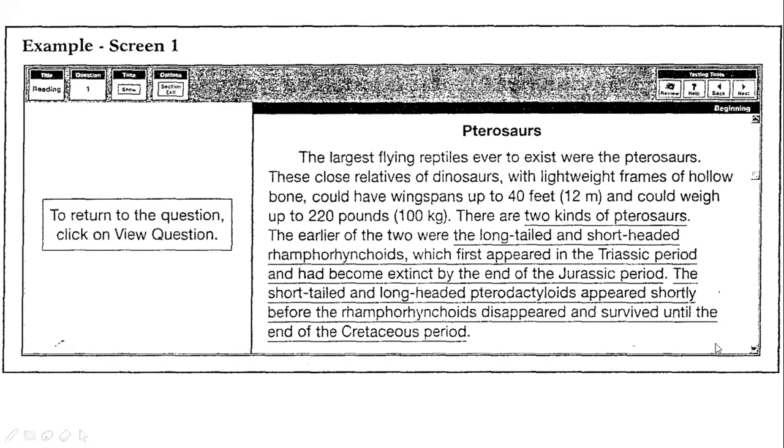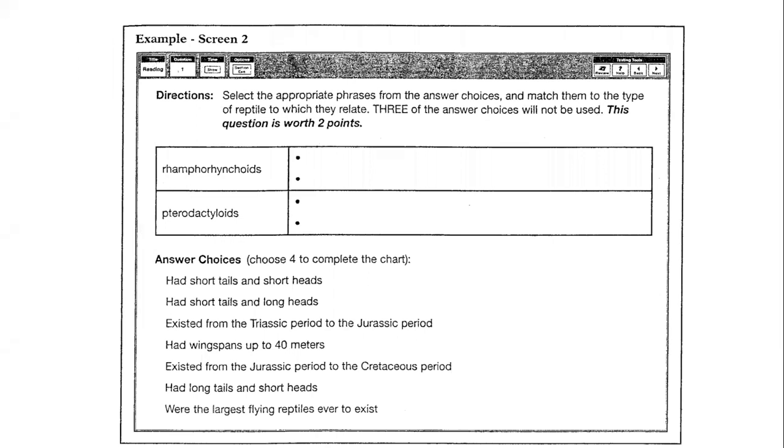From this and from the information about rhamphorhynchoids, it can be determined that the pterodactyloids had short tails and long heads, and existed from the Jurassic period to the Cretaceous period. All right, let's go on.